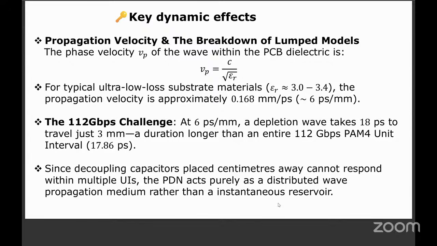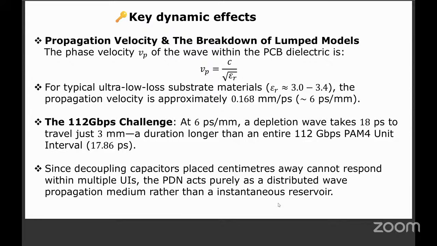Key dynamic effects: propagation velocity and breakdown of lumped models. The phase velocity Vp of the wave within the PCB dielectric is Vp = c / sqrt(epsilon r). The c here is the speed of light, which is a constant. Everybody knows the speed of light, 3 x 10^8 meters per second.